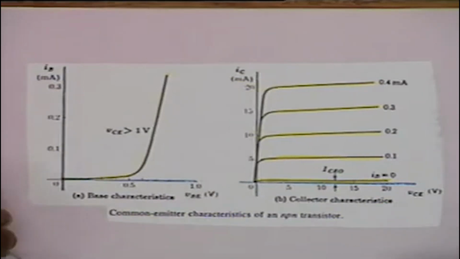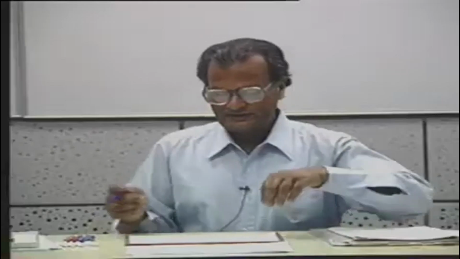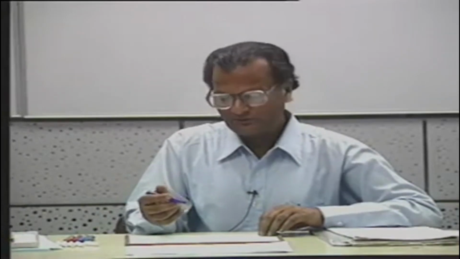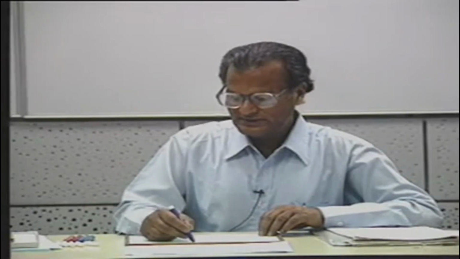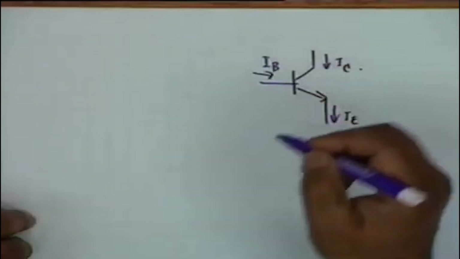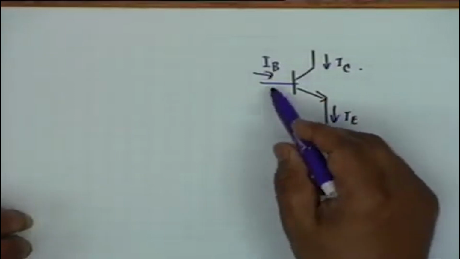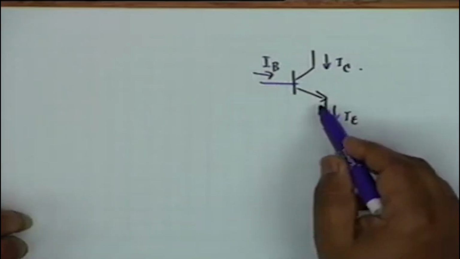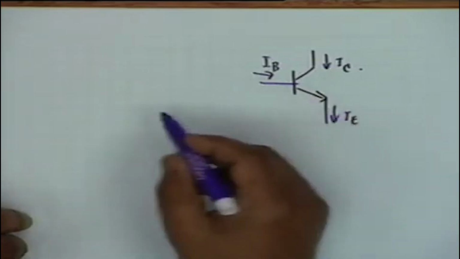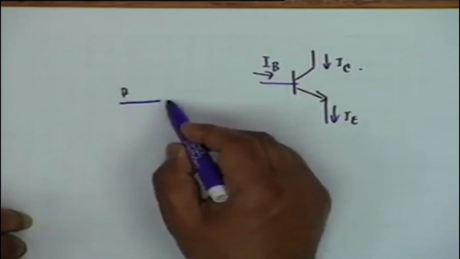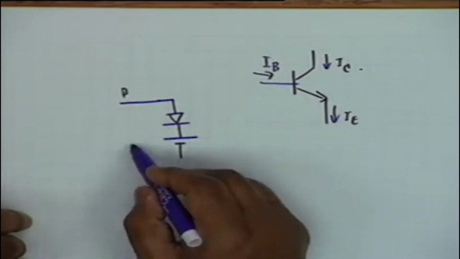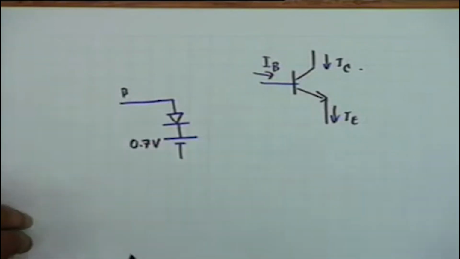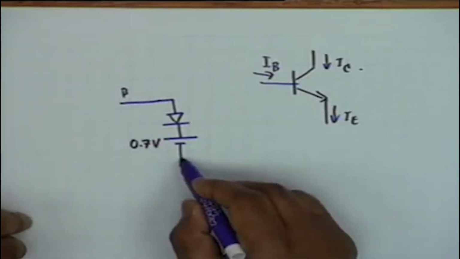And as I said, we approximate the DC operation of the common emitter transistor, in which there is a current IB, there is a current IE, and there is a current I sub C. The input junction, base emitter junction, is a forward bias diode, and if this is silicon, then we approximate this by means of an ideal diode in series with 0.7 volt DC voltage, and this leads us to the emitter.